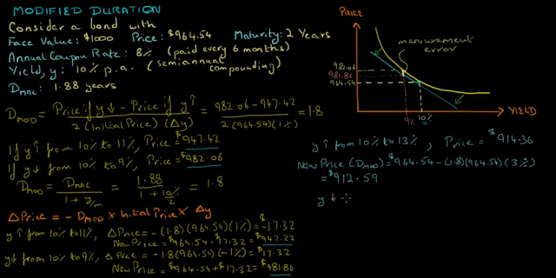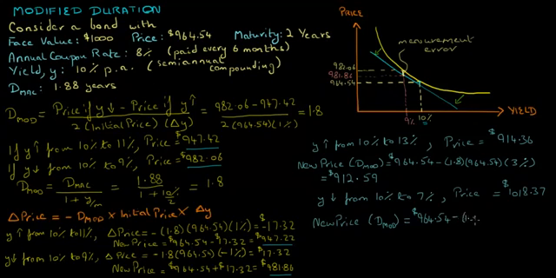On the other hand, when yield decreases from 10% to 7%, the price of the bond at this new yield of 7% equals $1018.37, whereas the new price approximated using modified duration equals the original price of $964.54 minus modified duration of 1.8 times the original price of 964.54 times the change in yield of minus 3%.